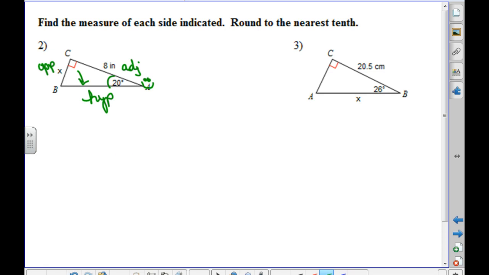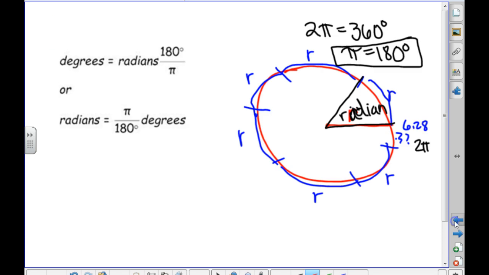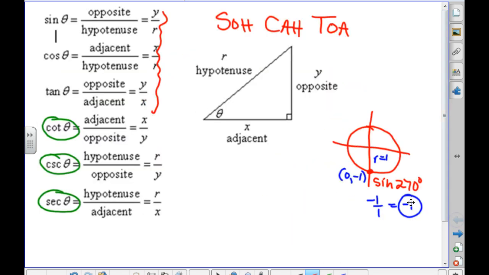All right, I'm trying to find the opposite, and I know the adjacent. Opposite and adjacent. So I go back to the definitions, and oh, look right here, opposite and adjacent. I can use tangent. Notice it says the tangent of theta equals opposite over adjacent.